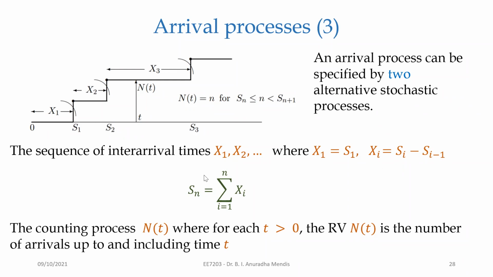So you can have the interarrival time as one random process, and the counting process goes in parallel with it. Whenever an arrival happens, this N(t) is incremented.